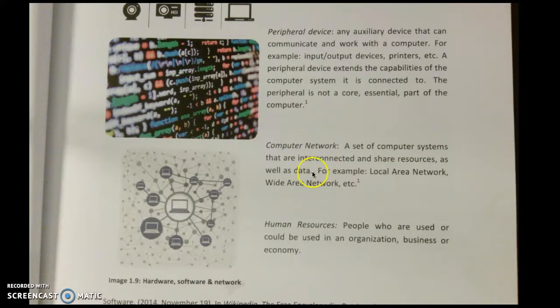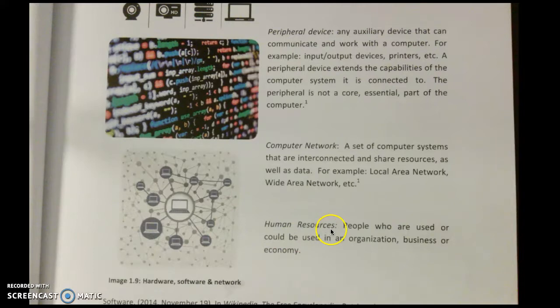And primarily, like say in our classroom, that means that a system administrator or even someone downtown at Chicago Public Schools could, if they know the barcode on the computer, take that computer over and actually operate that computer from downtown. So again, the key thing that you need to know: a set of computer systems that are interconnected and share resources as well as data. Don't forget that data piece.